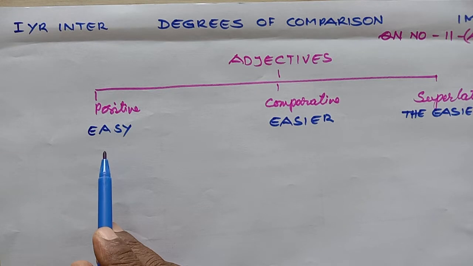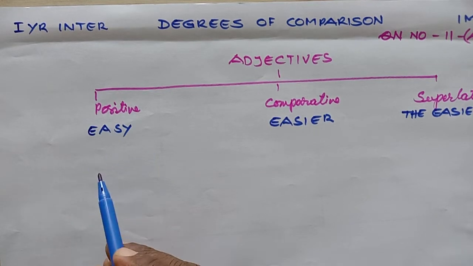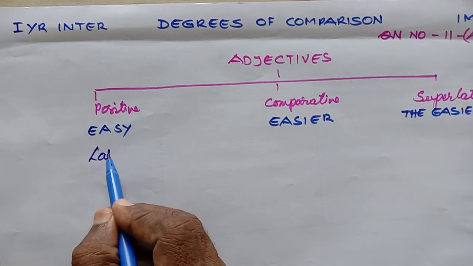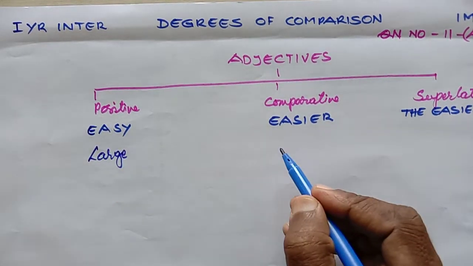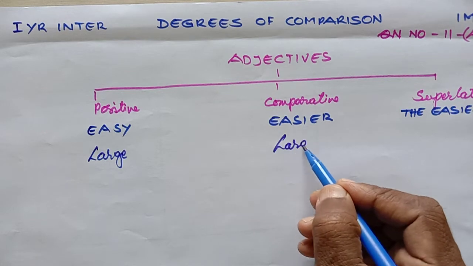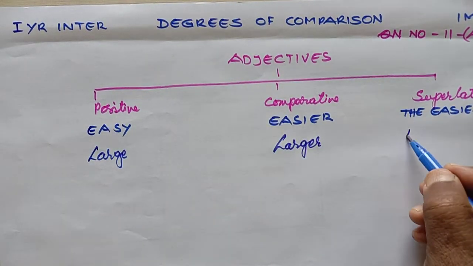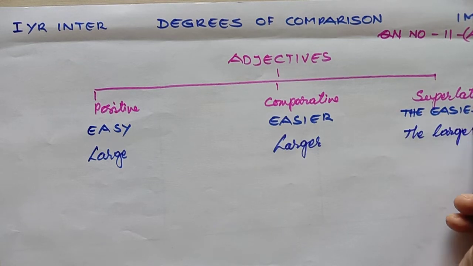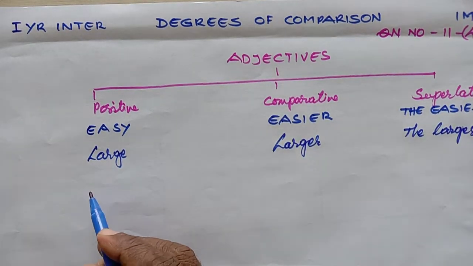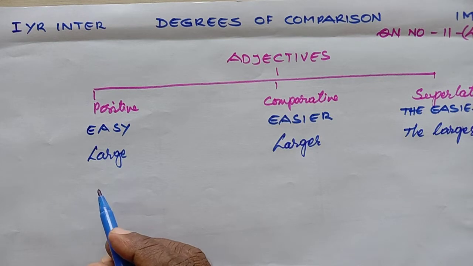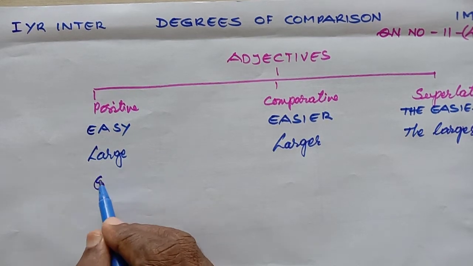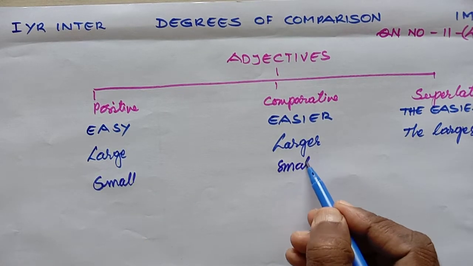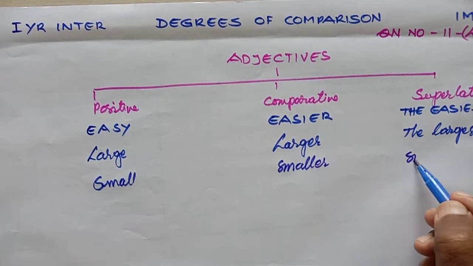Now, like that, we can take another: large, larger, and the largest. Or you can take small, smaller, and the smallest.